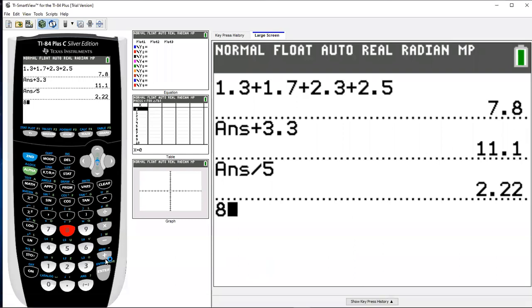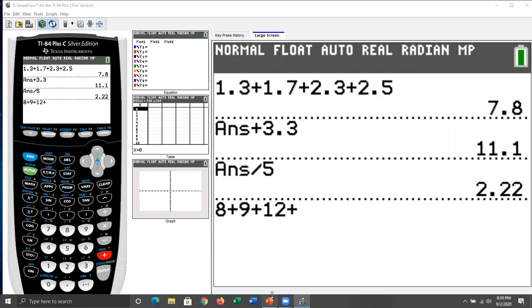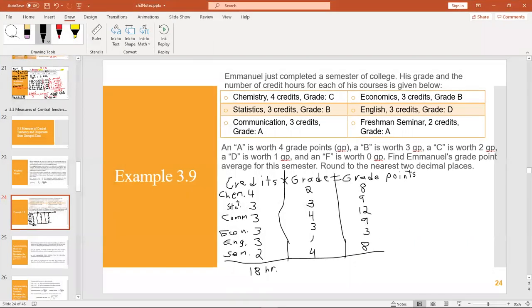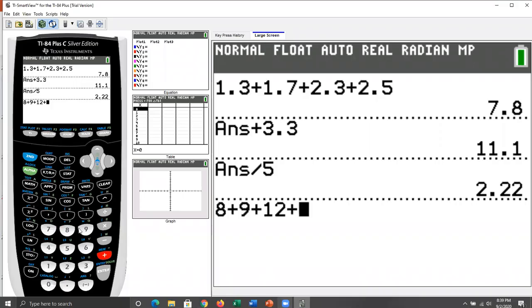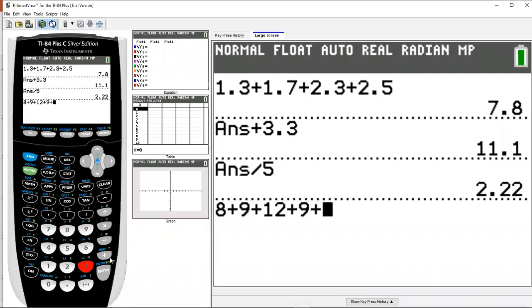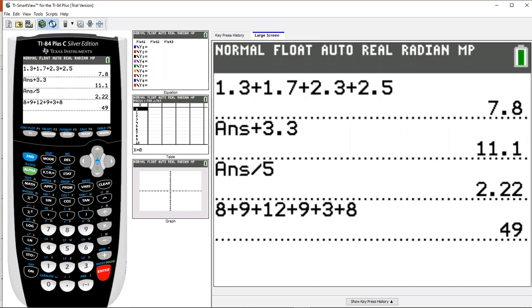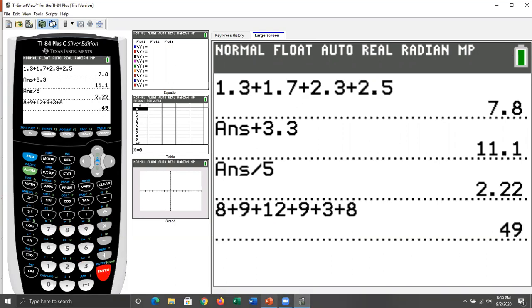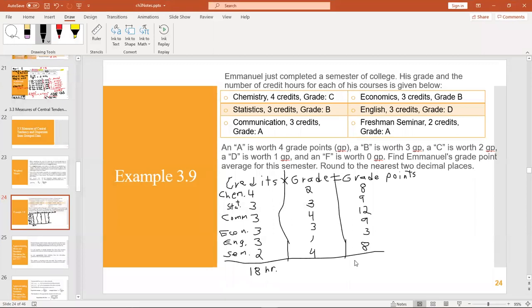Okay, so we have 8 plus 9 plus 12, and then we're adding to that 9, 3, and 8. You add that all up, you end up with 49 grade points.